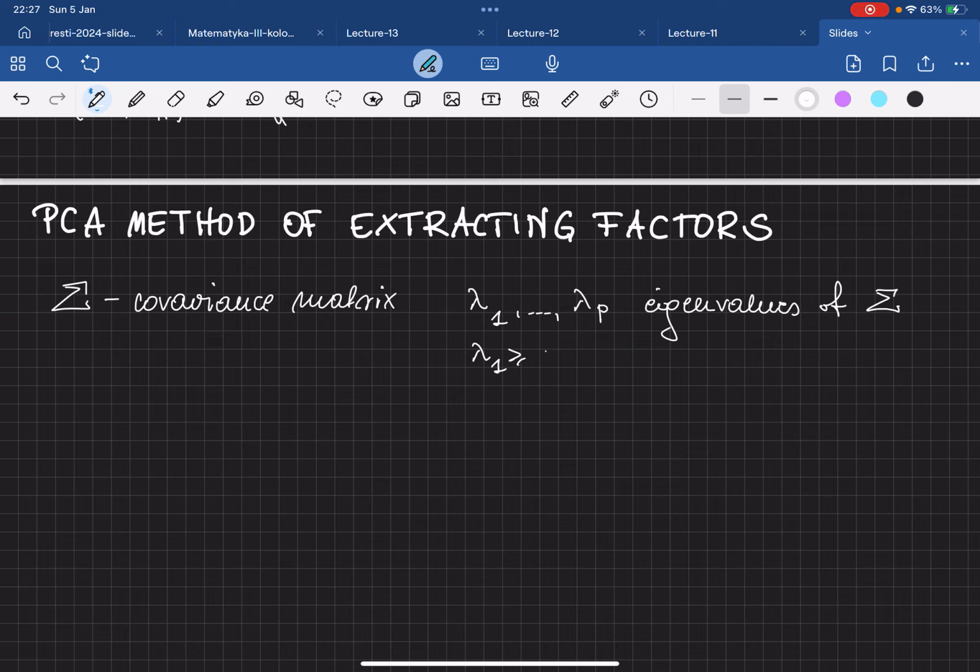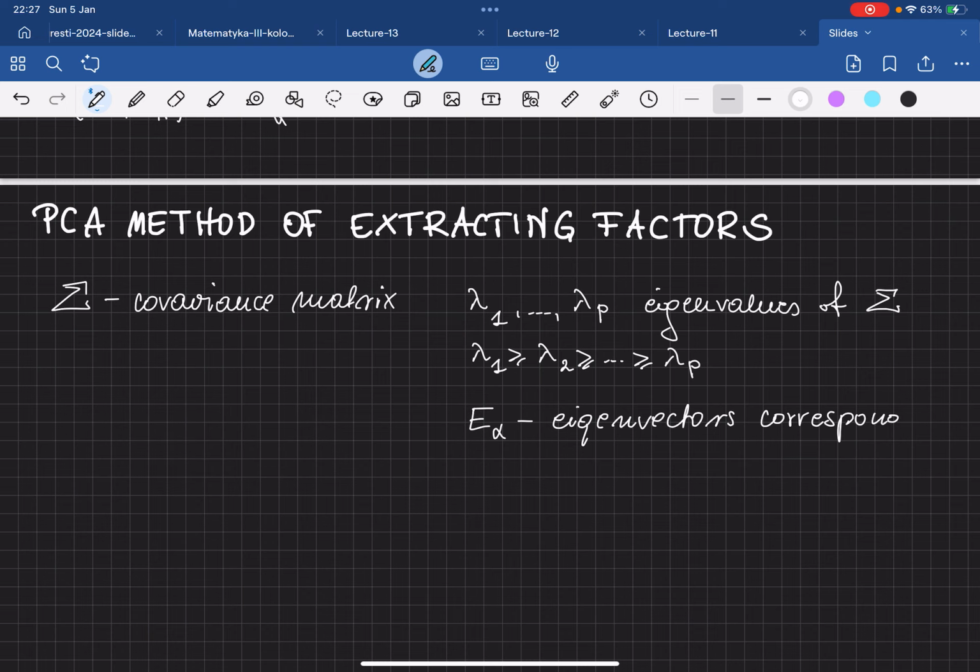So this is lambda 1, which is greater than lambda 2, and so on up to lambda p, which is the smallest of them. And our eigenvectors will be defined by capital E alpha. These are eigenvectors corresponding to those lambdas, and we want them to be normalized.